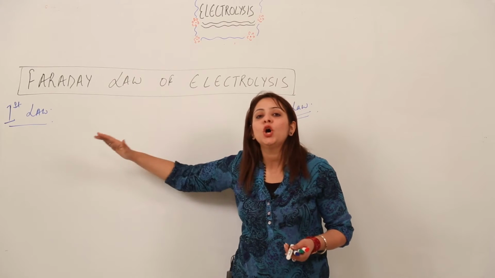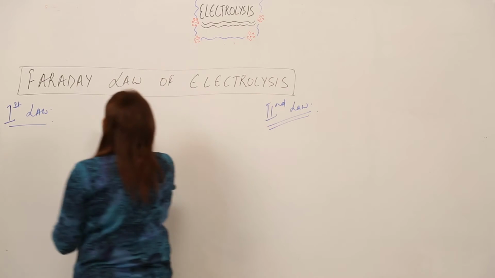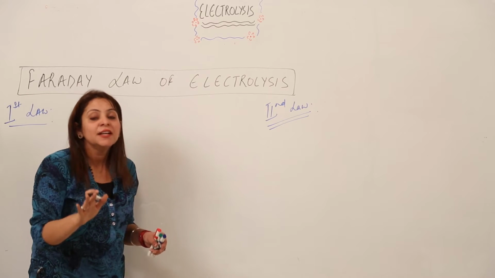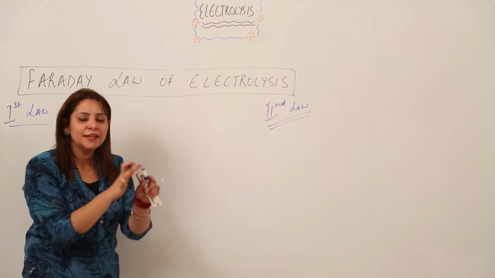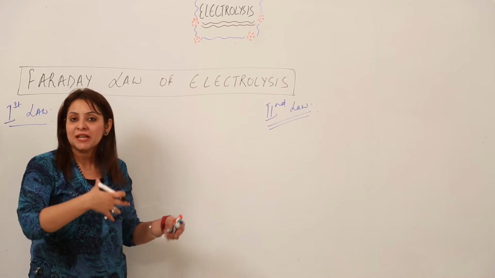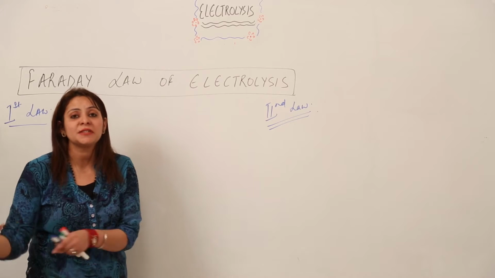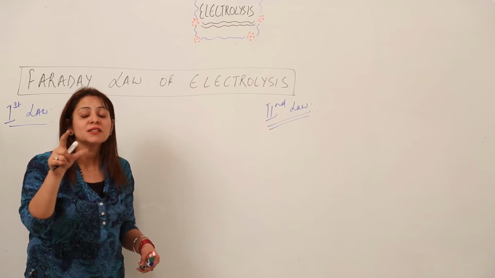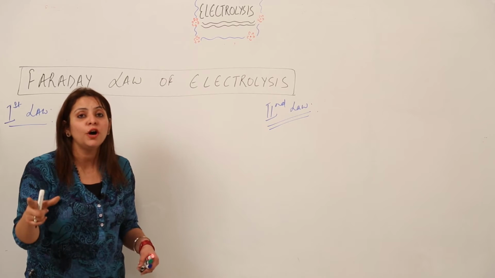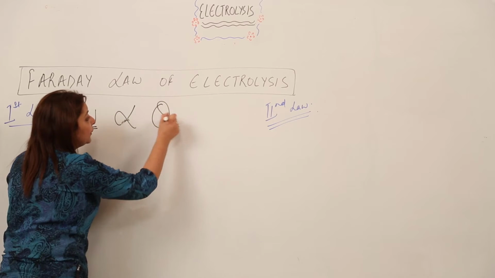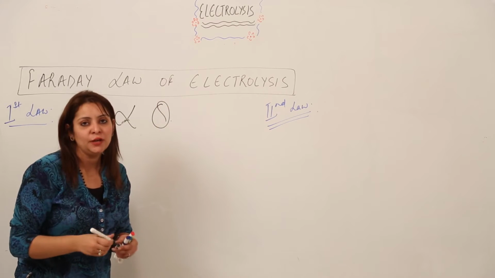Electrolyte dissociates into ions, and we get the substance liberated at cathode and at anode. So, the weight of substance that gets liberated at cathode or anode is directly proportional to the quantity of electricity which is passed through the electrolyte.